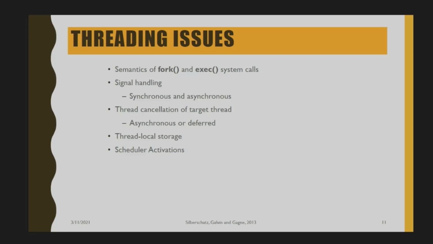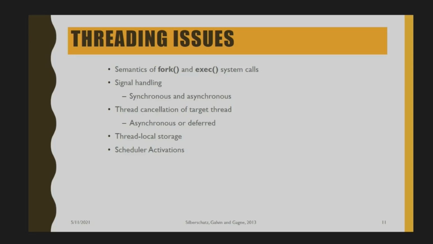So the kernel must inform the application about certain events, and this is what we call the upcall. The upcall is handled by the thread library, and it must run on the virtual processor.